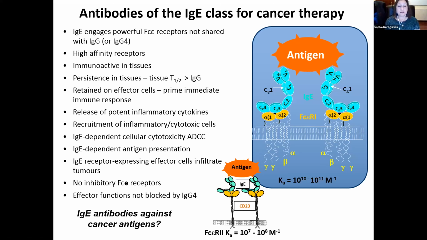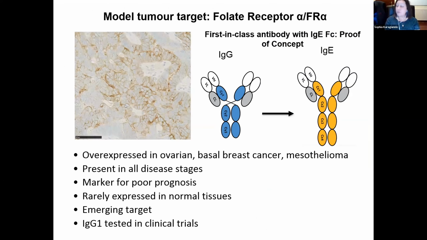So we set out to engineer IgE antibodies against cancer antigens. We selected an antigen for many reasons. I cannot describe all of the reasons today, but this target is called folate receptor alpha. It is a folate carrier, and it's very highly overexpressed on the surface of certain types of tumors, such as ovarian cancer, mesothelioma, breast cancer, especially the basal type breast cancers, and others.